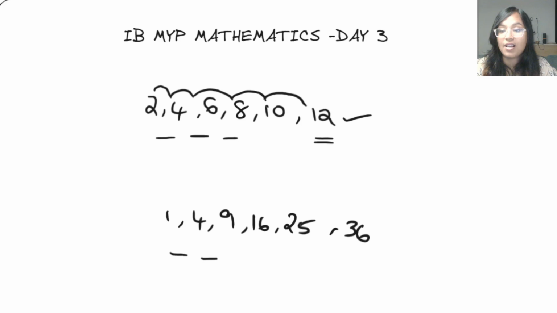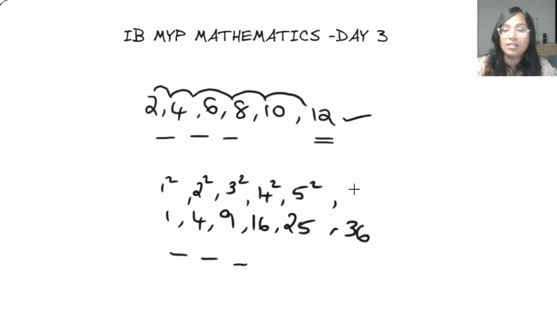These numbers are squares of numbers, right? 1 is 1 squared, 4 is 2 squared, 9 is 3 squared, 16 is 4 squared, 25 is 5 squared. Then the next number, 36, means 6 squared. The explanation is clear, right? It uses mathematical language. It shows understanding. This is called mathematical communication.